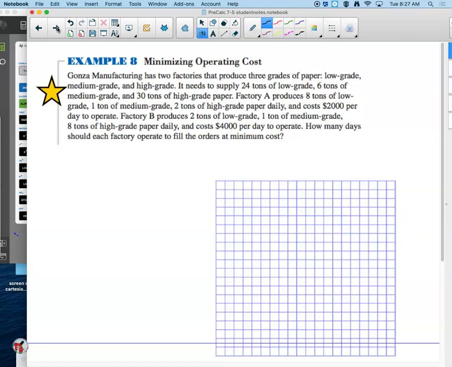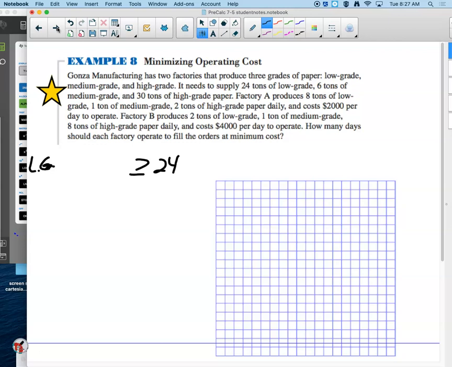So I go back and I look for totals. They need to supply 24 tons of low grade. So, what does that mean? Do we want it to be equal to 24? Well, they do, but they have to have at least 24 or they're not going to be able to fill the orders. So it could be greater than or equal to the 24 tons. Now that was about low grade, so everything in that inequality needs to be about the low grade.